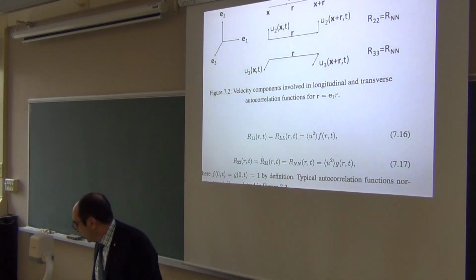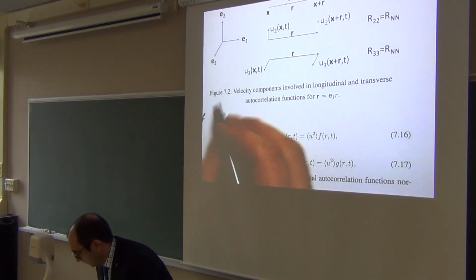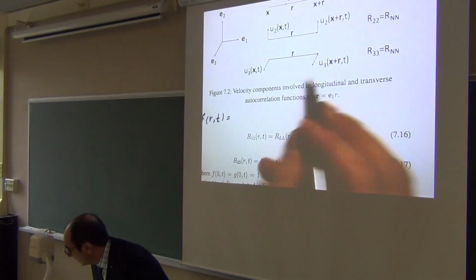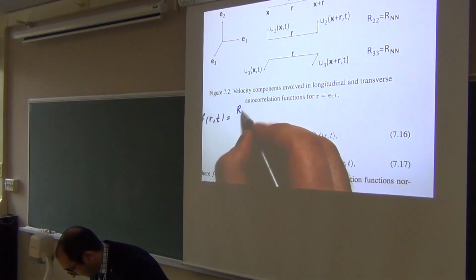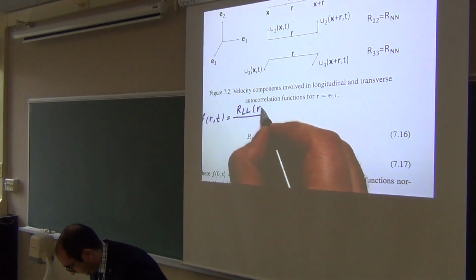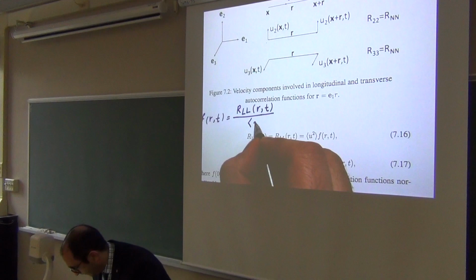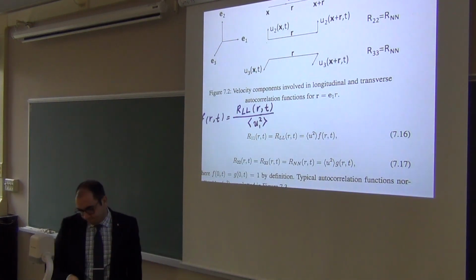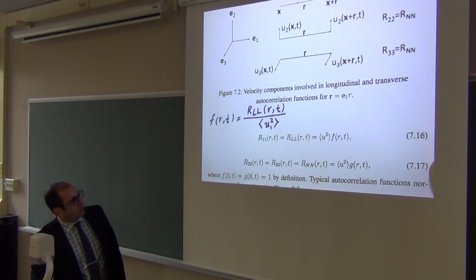If you like, another way of saying this is this: F is the longitudinal component of autocorrelation divided by that. Okay, just some sort of a normalization.